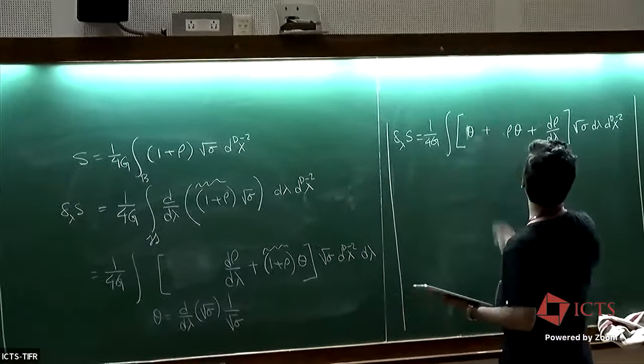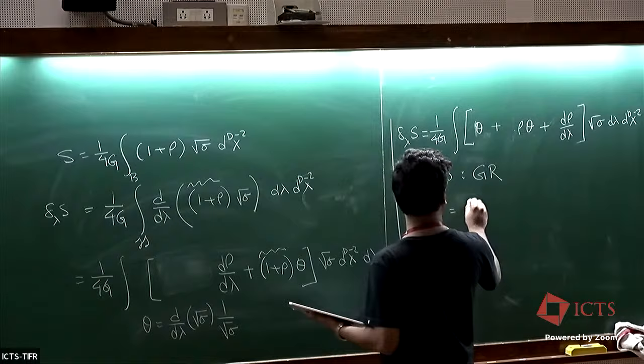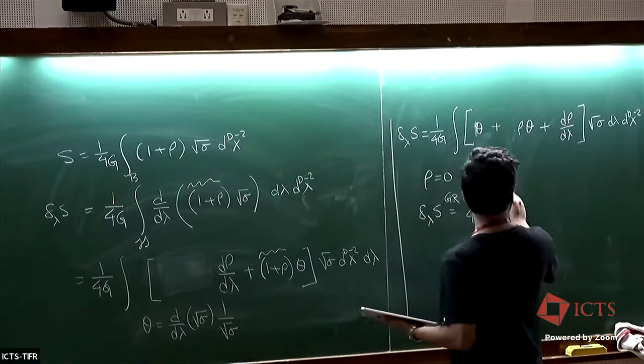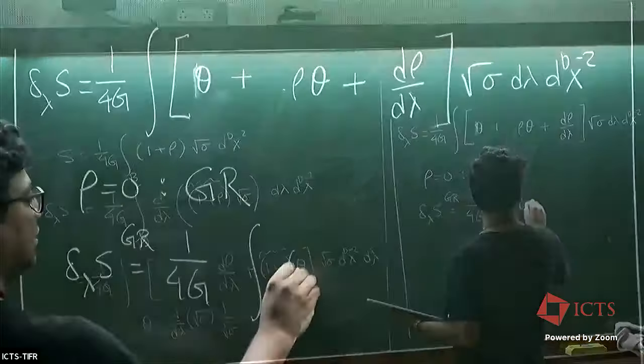So you can clearly see if I put rho equal to 0, which is the case for GR, then I will get S equal to S_GR, 1 by 4G integral theta of sigma dλ d^(D-2)x. Agree?